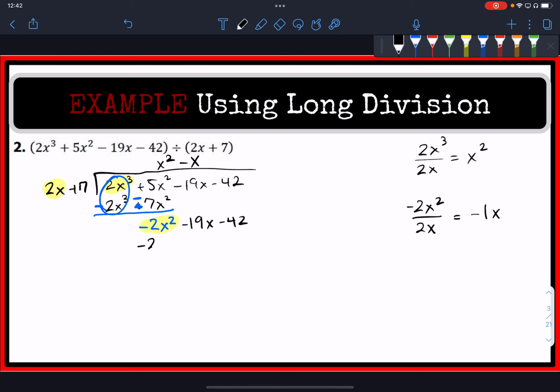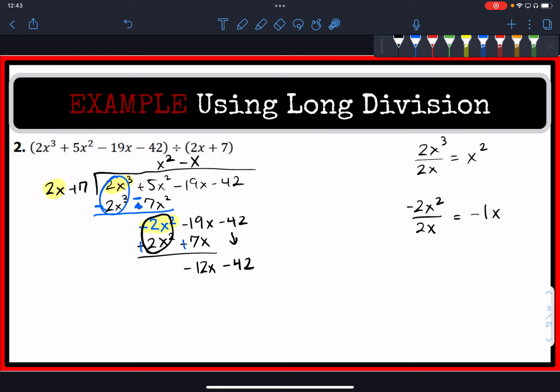That's going to be negative 2x to the second power minus 7x. Switch our signs and combine the terms going down. We end up with 0. This ends up becoming negative 12x, and we bring down the negative 42.